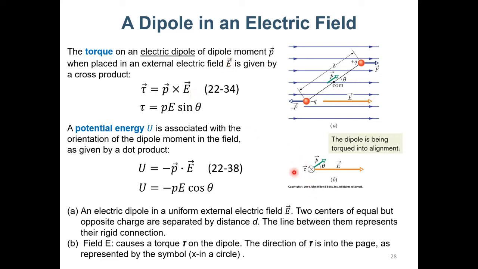So it is demonstrated here. P points to this side, E points to the right side, so the torque is into the page. The cross means into the page.